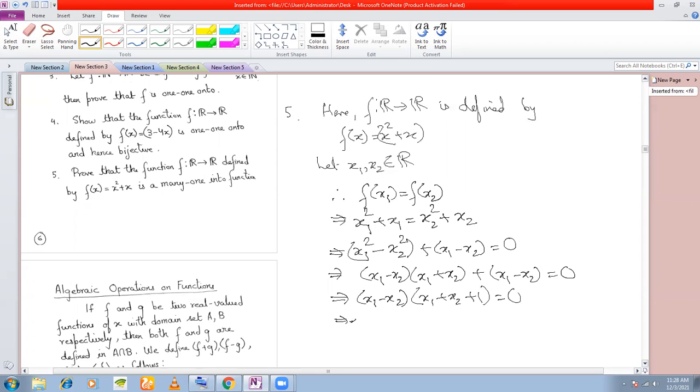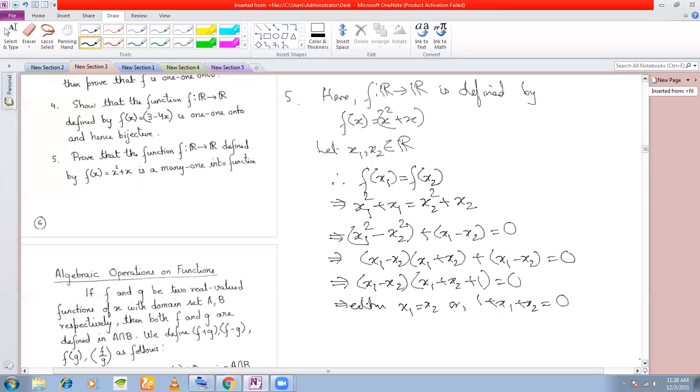That means either x1 is equal to x2 or 1 plus x1 plus x2 is equal to 0. Now, in the last case when x1 and x2 were natural numbers, we said that it is not possible to find two natural numbers x1, x2 such that 1 plus x1 plus x2 is equal to 0. But if x1 and x2 are two real numbers, then it is quite possible. There exist infinitely many real numbers x1, x2 such that 1 plus x1 plus x2 is equal to 0.